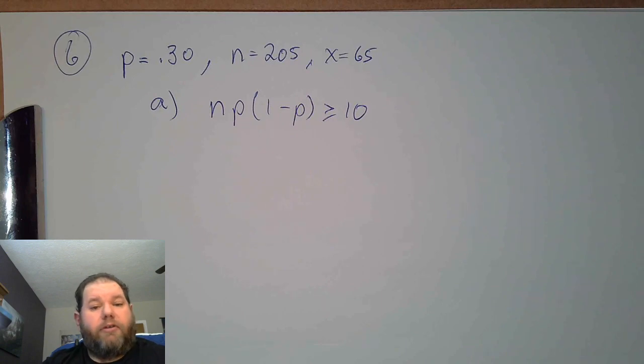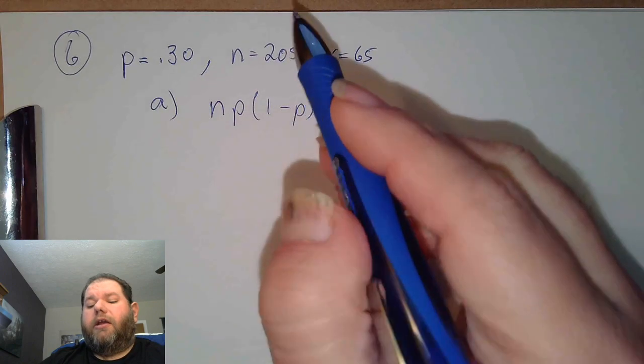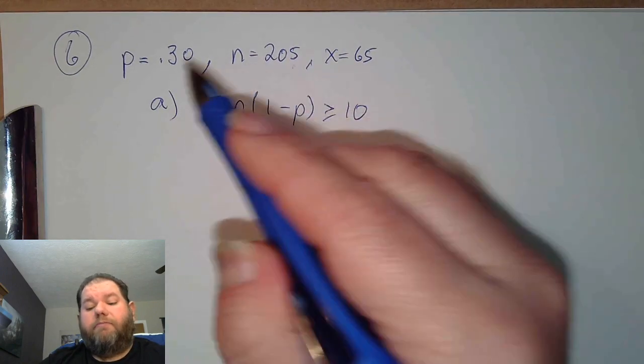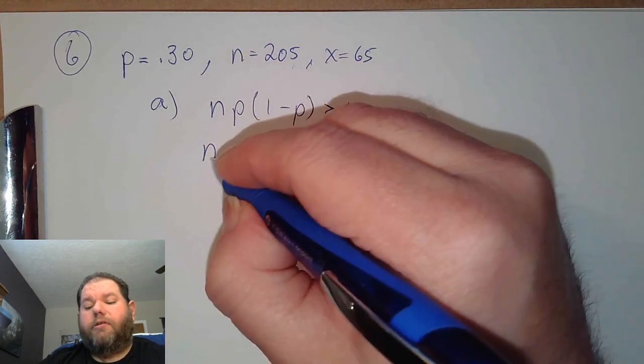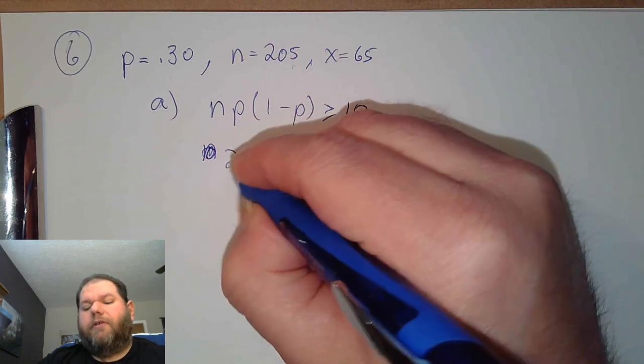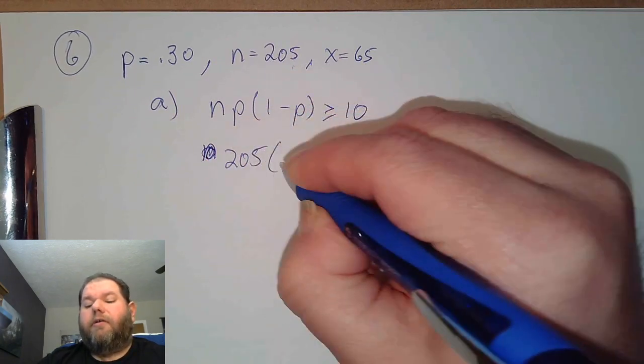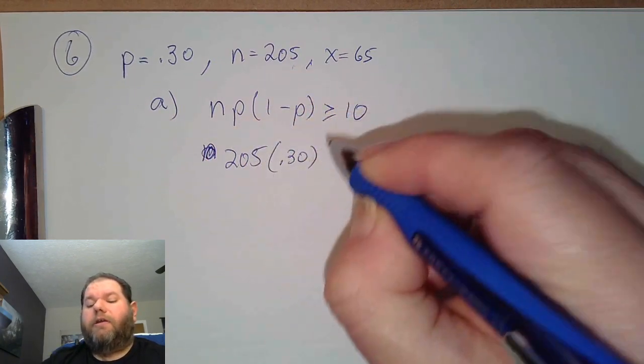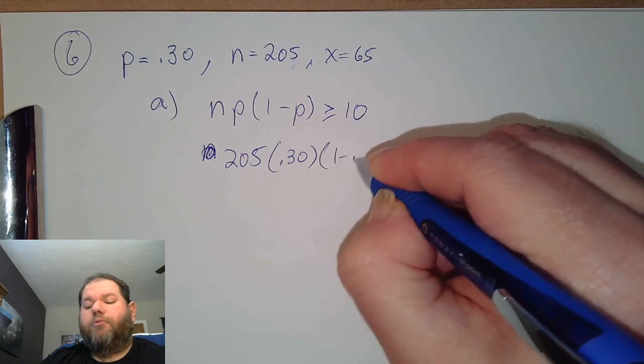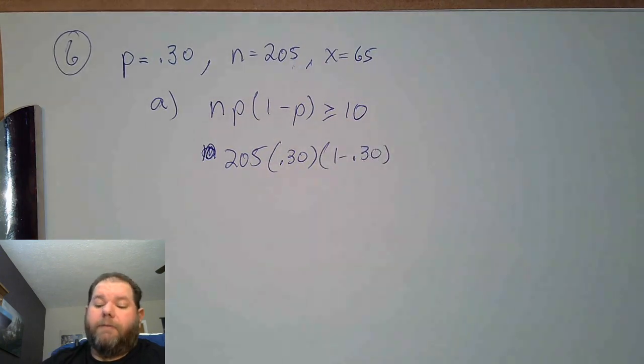And it should be greater than or equal to 10. N is 205, p is 0.30. So we have 205, 0.30 for p, and 1 minus 0.30 for 1 minus p.